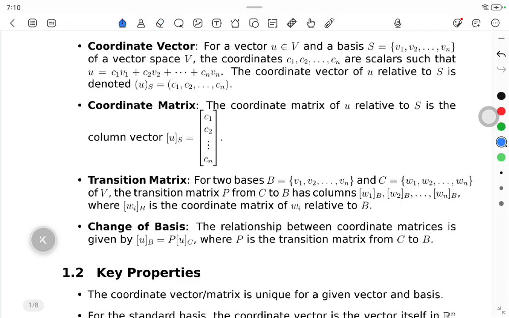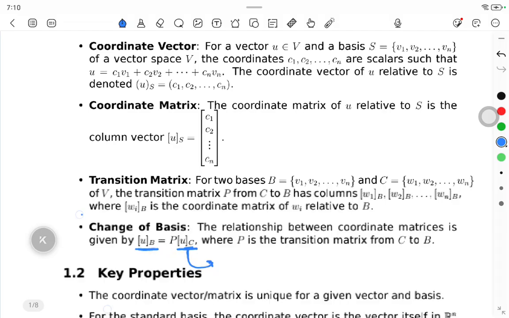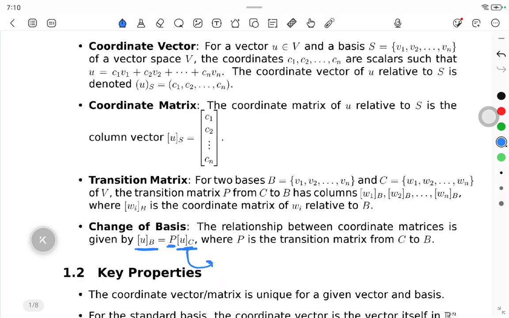And then for the change of bases, remember I said that you can find this if you're given the coordinate vector of u related to C, and also if you have this P. Remember, P is a transition matrix from C to B. As long as you have C here, it's from C to B. That is our P. You see, right?